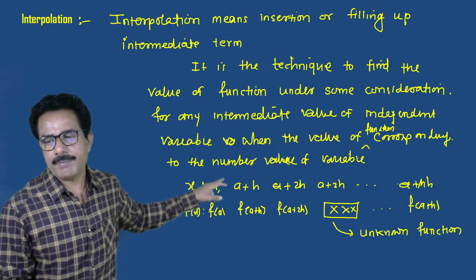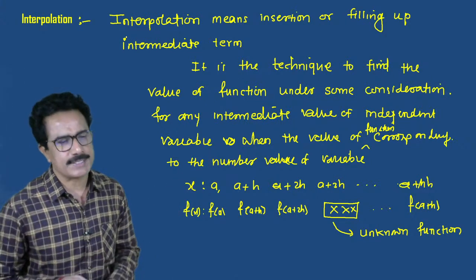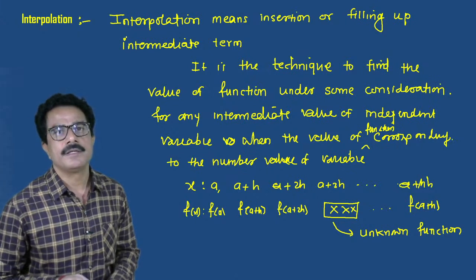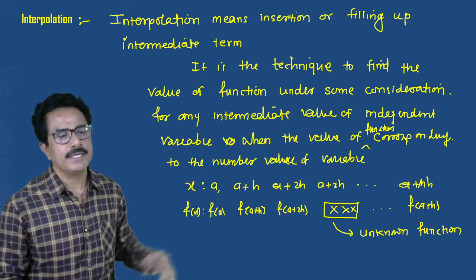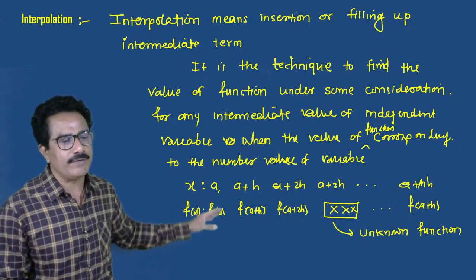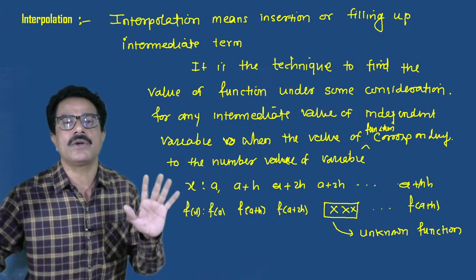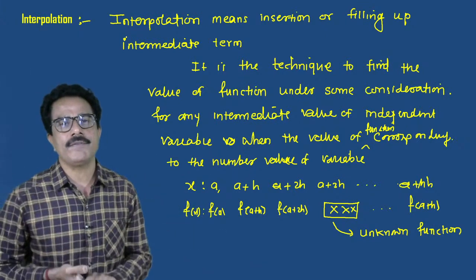Suppose a plus h, a plus 2h, a plus 3h are the values of x. Then the corresponding values of the function are f of a plus h, f of a plus 2h, in this way. This is the given series of f of x.